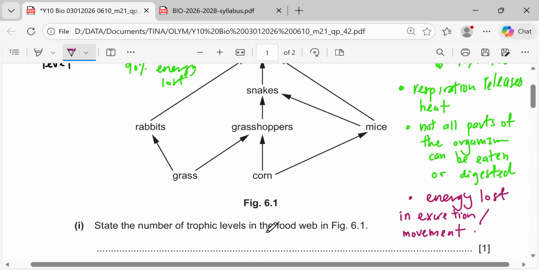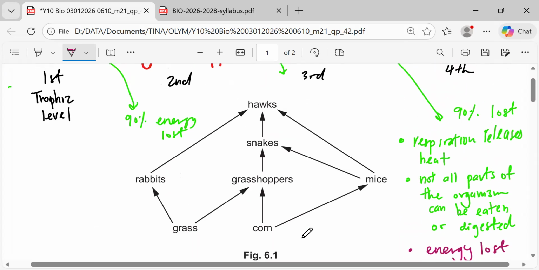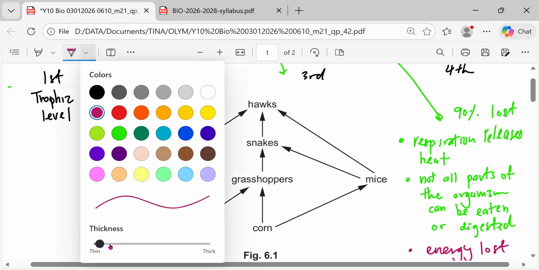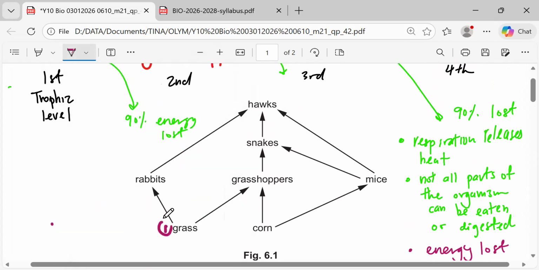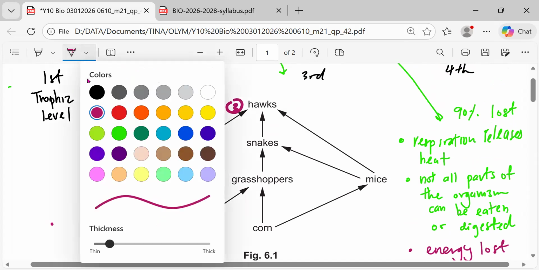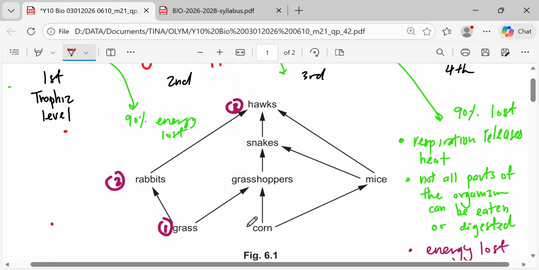State the number of trophic levels in a food web. Okay, so let's look at this. You guys have to learn how to read this. So this one is 1, 2, 3. But there is also 1, 2, 3, 4. So the hog is in 2 different trophic levels.